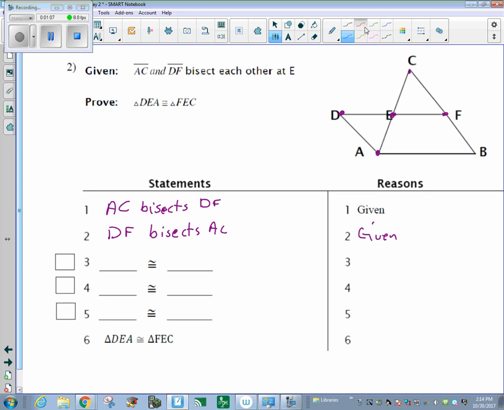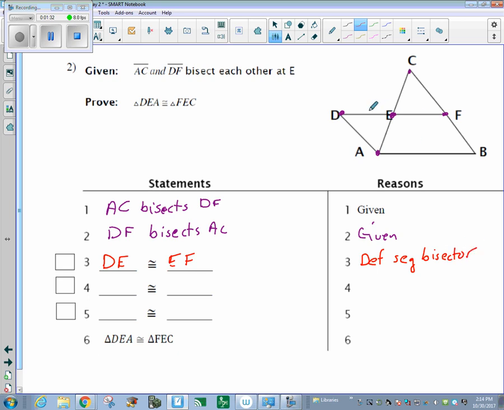And so we will start with what was given to us up above here, and the fact that AC bisects DF. Then I'm going to say that DE is congruent to EF by definition of bisector, definition of segment bisector.